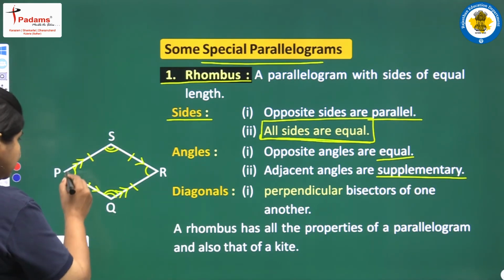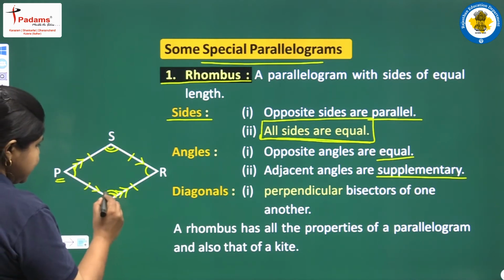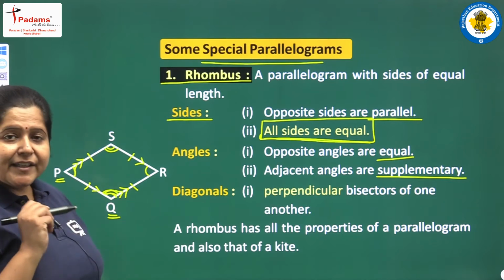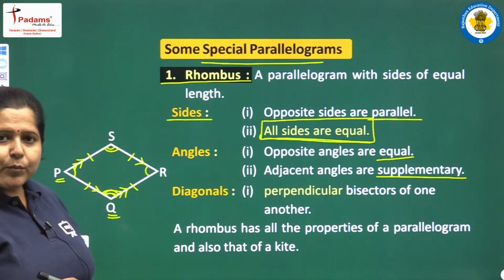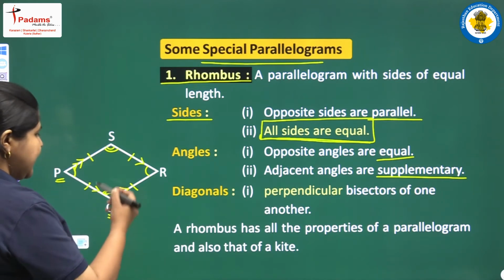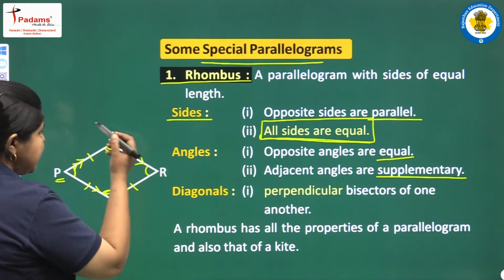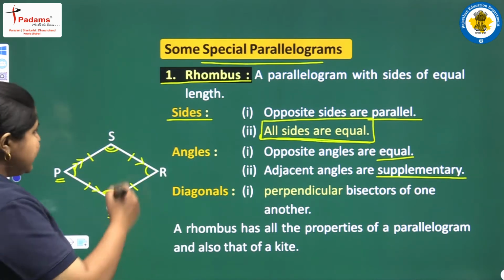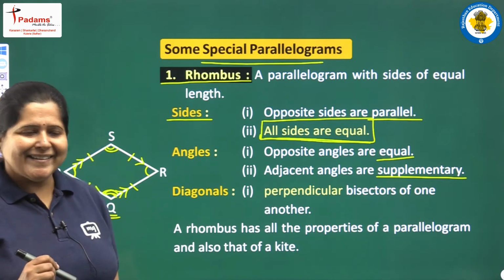Clearly here also angle P and angle Q are the neighboring angles or the adjacent angles, so their sum will be equal to 180 degree. Similarly, angle Q plus angle R will be 180 degree, angle R plus angle S will be 180 degree and angle S plus angle P will again be 180 degree.